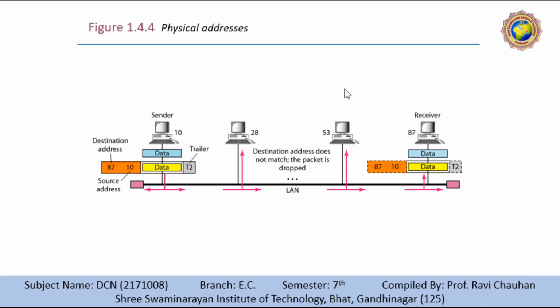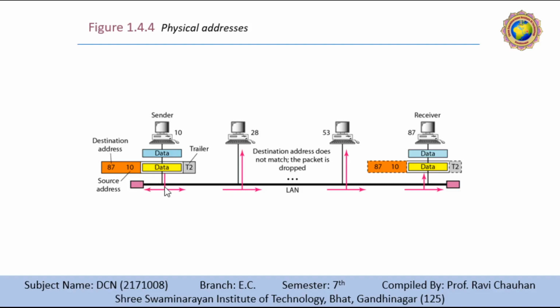So it will generate a particular frame. In the header section, first is the destination address. We are sending our data to 87, so 87 is there. Then it's our source address, which is 10. Then our data and a trailer for our error checking or correction.